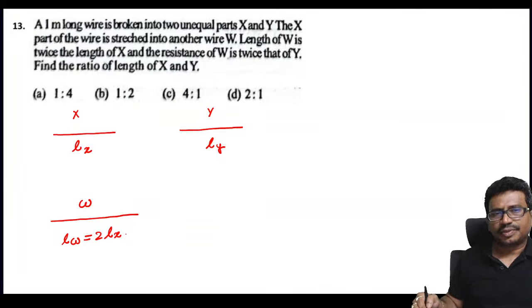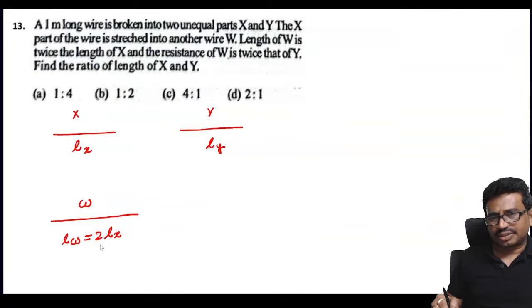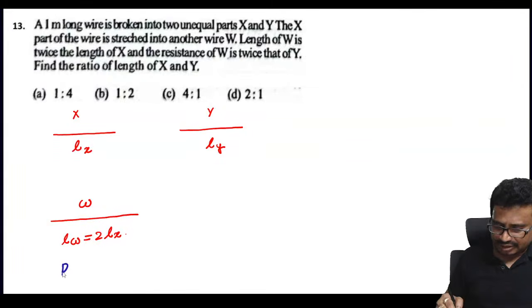Now tell me, and resistance of W is twice that of Y. First of all, when the length is stretched like this, the resistance of W has to become what? 4 times the resistance of X.